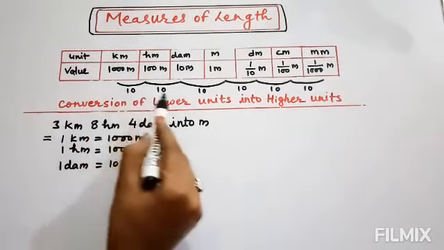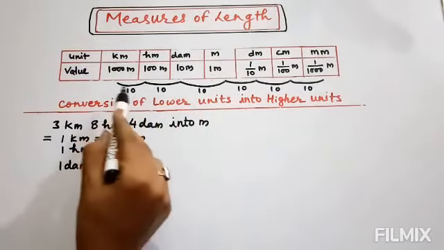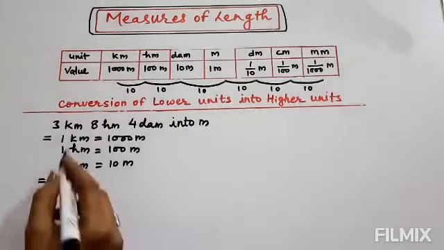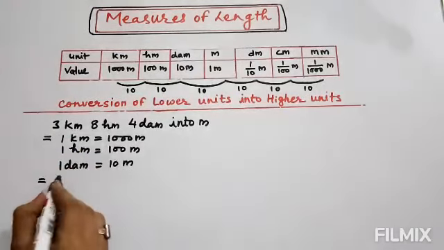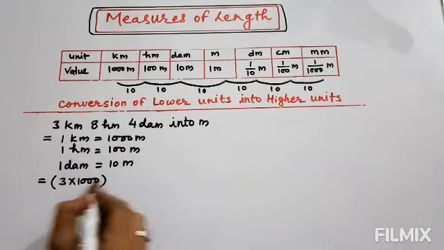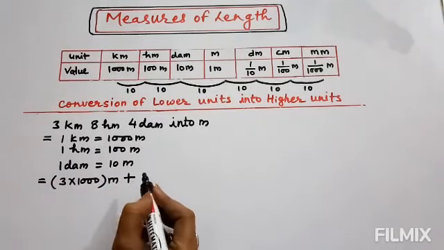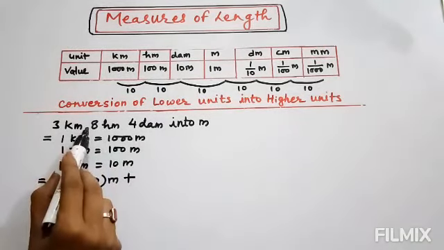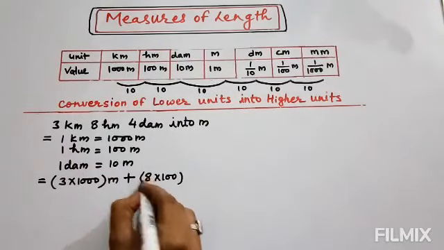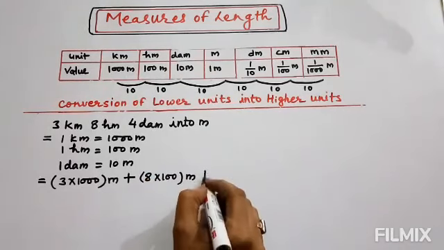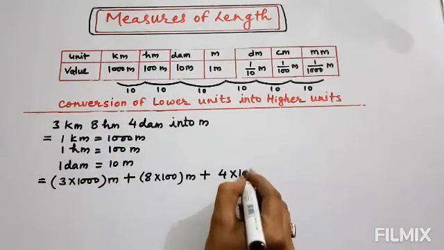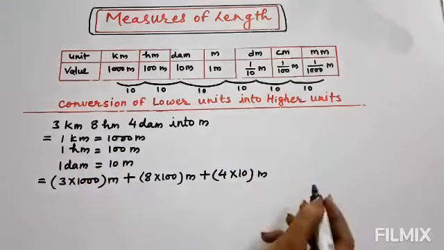As you can see, the tens are given in between the units column. Now multiply 3 by 1000, so it will convert into meter. Put a plus sign and then multiply 8 by 100, so it will convert into meter. Put a plus sign and multiply 4 by 10. It will change into meter.